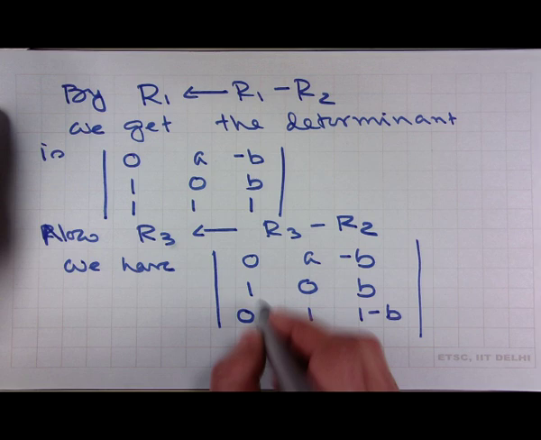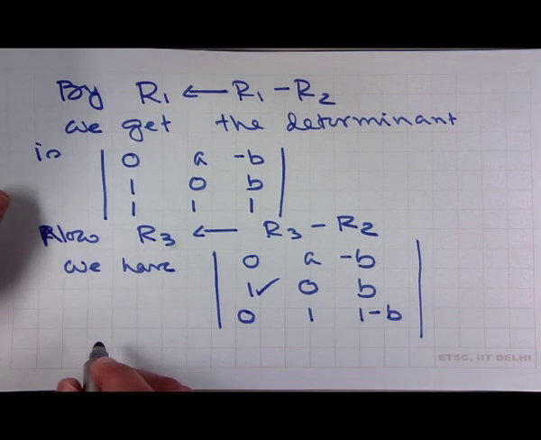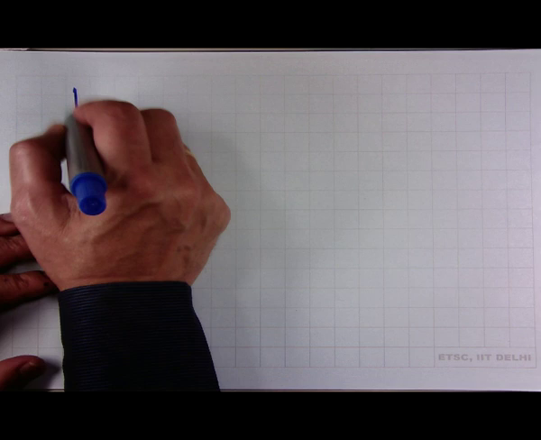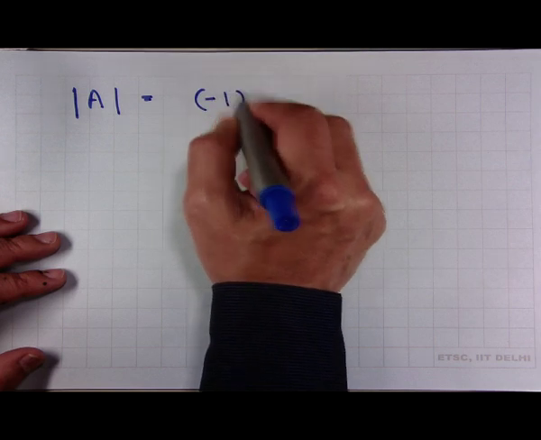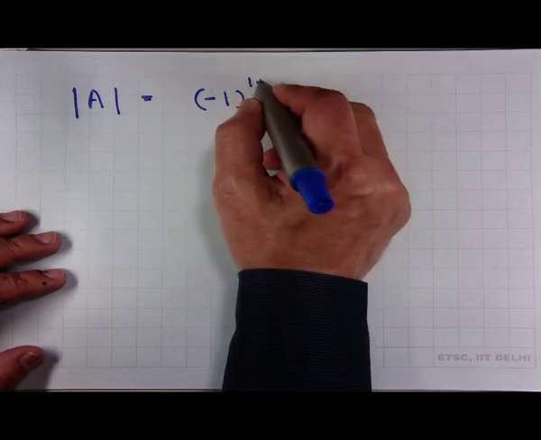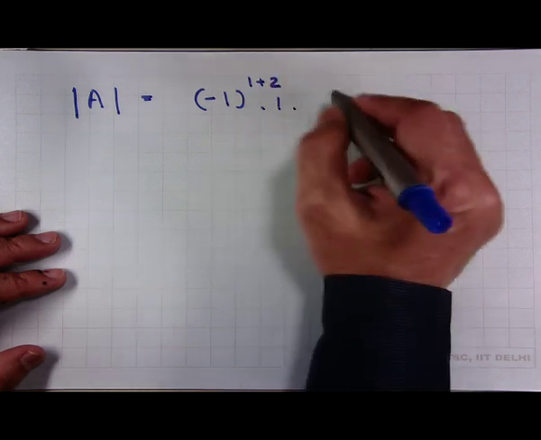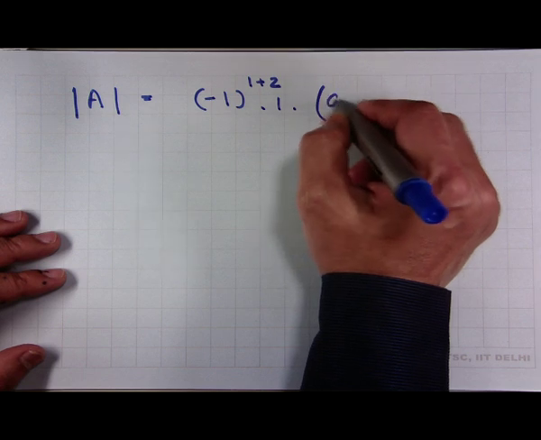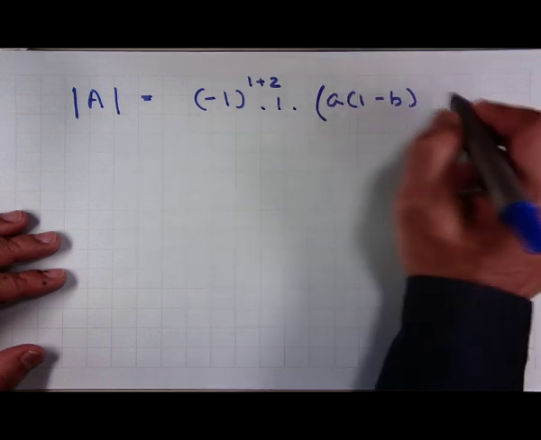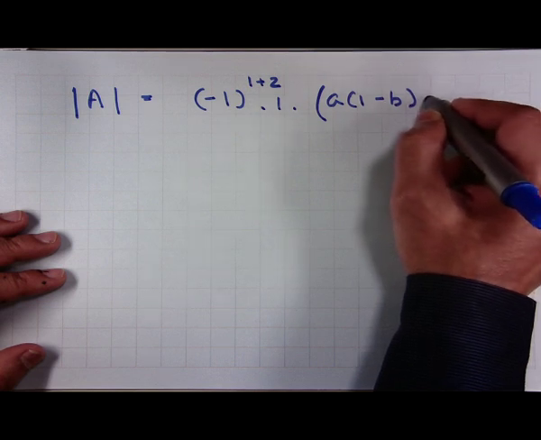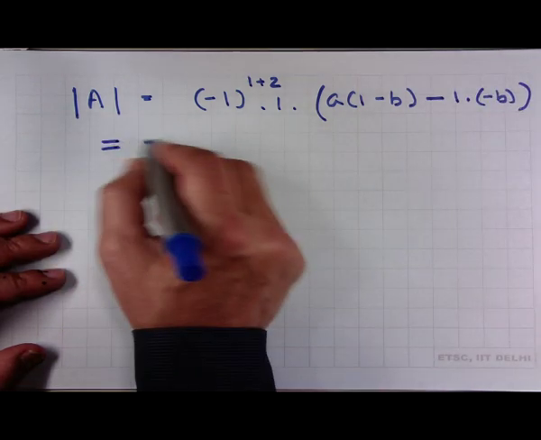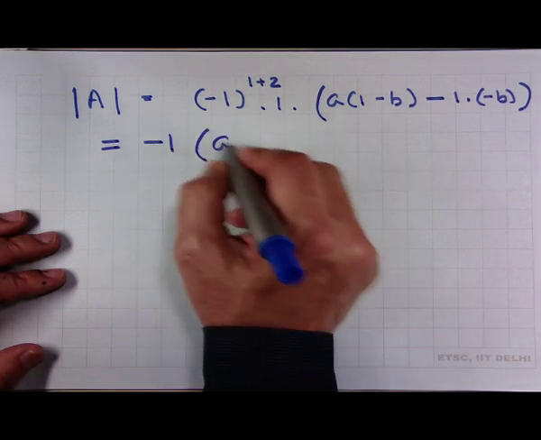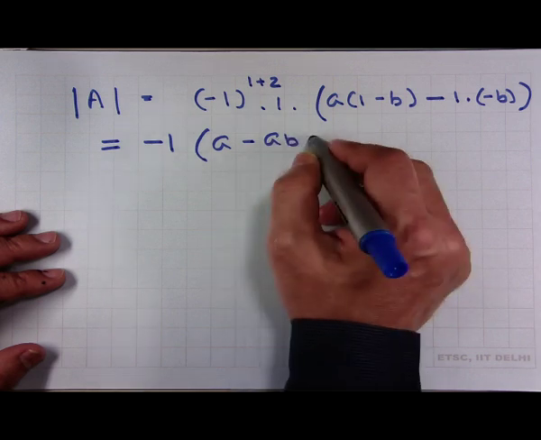Now, by expanding with the second row first column element, we get the determinant is equal to minus 1 to the power 1 plus 2 into 1 into A into (1 minus B) minus 1 into minus B, which is equal to minus 1 into (A minus AB plus B).